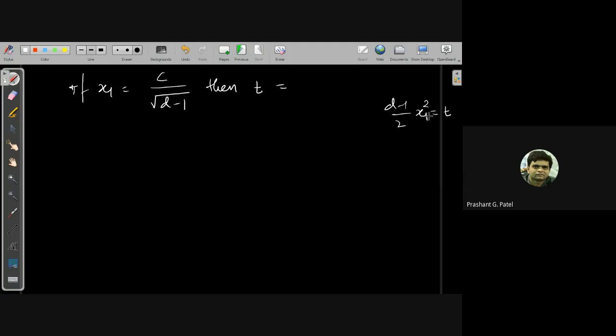So if I substitute this value, that is (d minus 1) by 2 times c square upon d minus 1, d minus 1 will get cancelled out. So this gives me c square by 2. And if x1 is infinity, then t is also infinity.